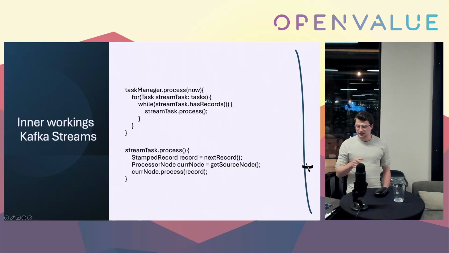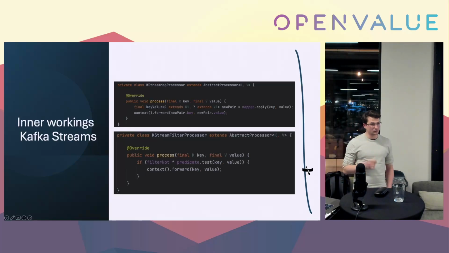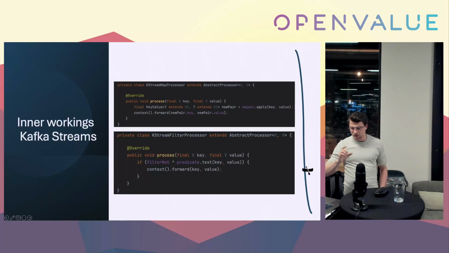Then it gets the next record, and because each stream task has a topology, it only needs to get the first source of the topology, which is the source node, and it then calls the process method on that first node. And then we go back to the actual code that we see. So this is what you built with that builder, and actually inside of each process node is this kind of interface.